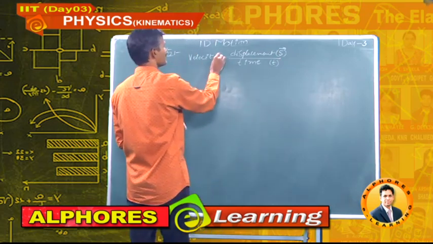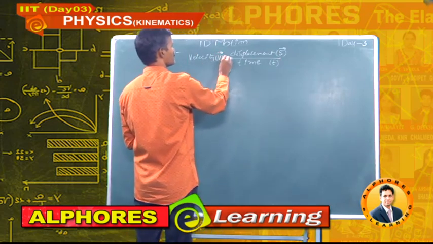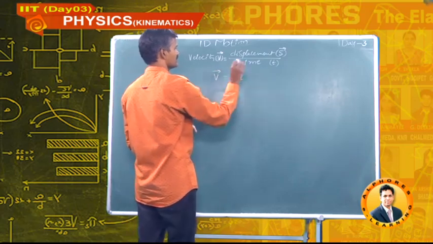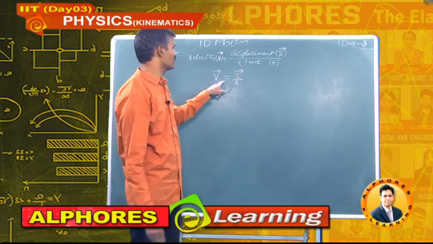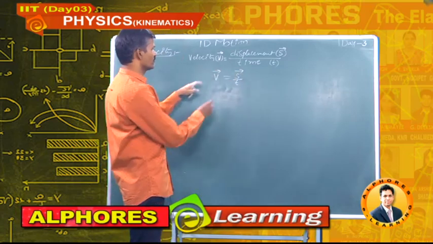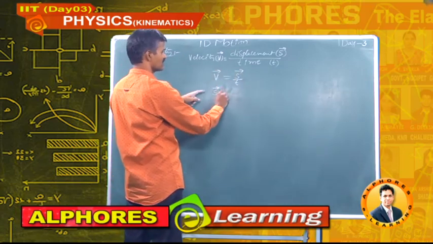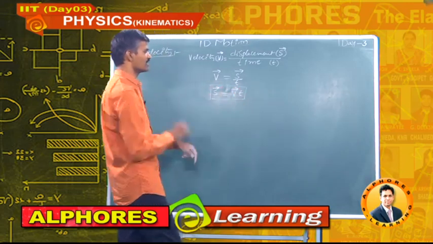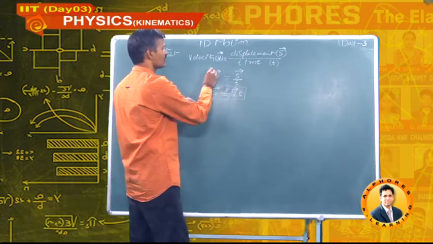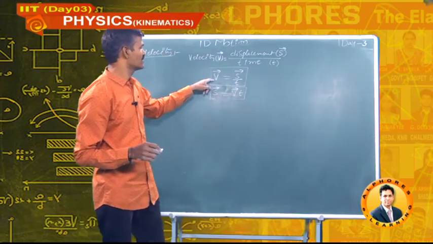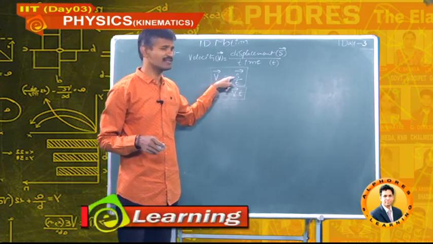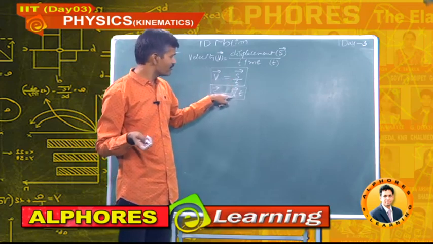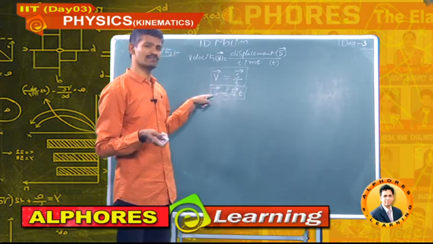This velocity can be written as v bar. So, you simply write v bar is equal to s bar by t. If you want to calculate s bar, that will be v bar into t. If they give s bar and time, you can calculate v bar. Suppose if they give v bar and time, you can calculate s bar.